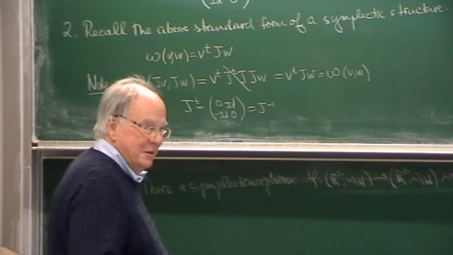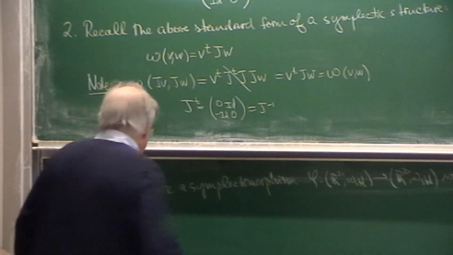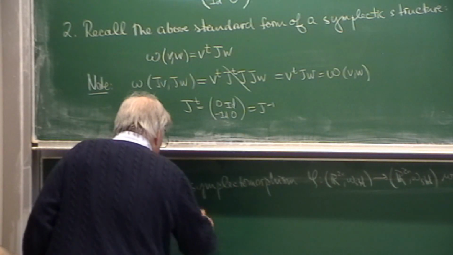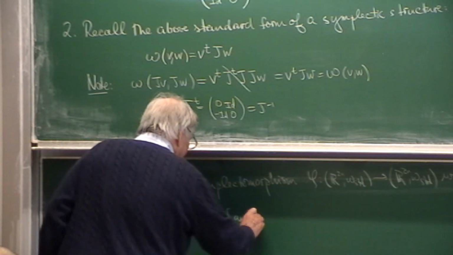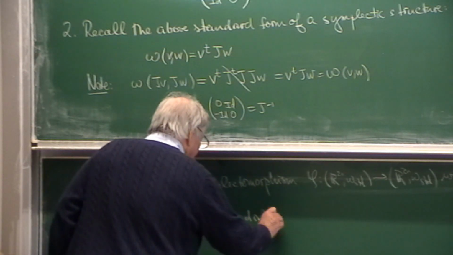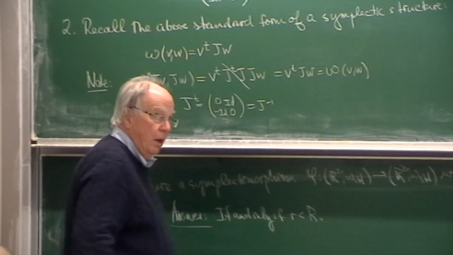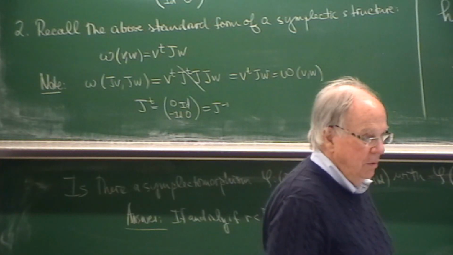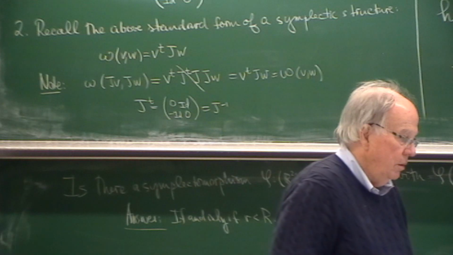Maybe you see something deeper, and the answer is if and only if little r is smaller than big R. That sounds like a triviality. If the ball is smaller, you can always translate it.